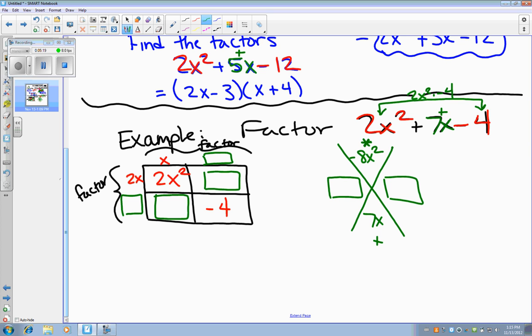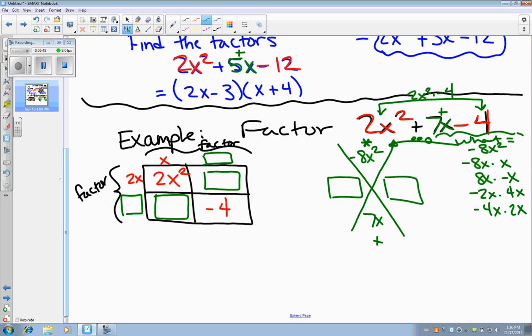And what I do next is I look at this and I start thinking to myself, what product is negative 8x squared? So what two numbers can I take together? So like negative 8x times positive 1x, positive 8x times negative 1x, negative 2x times positive 4x, or I could have negative 4x times positive 2x, and sometimes I make a list.